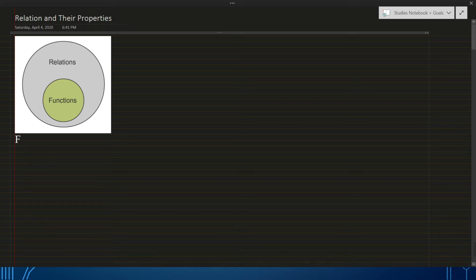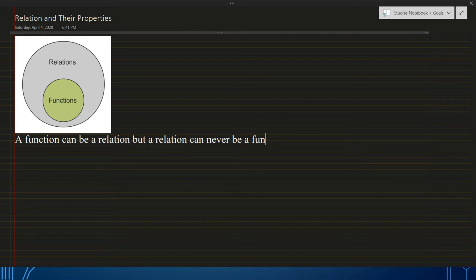A function can be a relation, but a relation can never be a function. Upon knowing this, we can say that a function is a subset of relation.